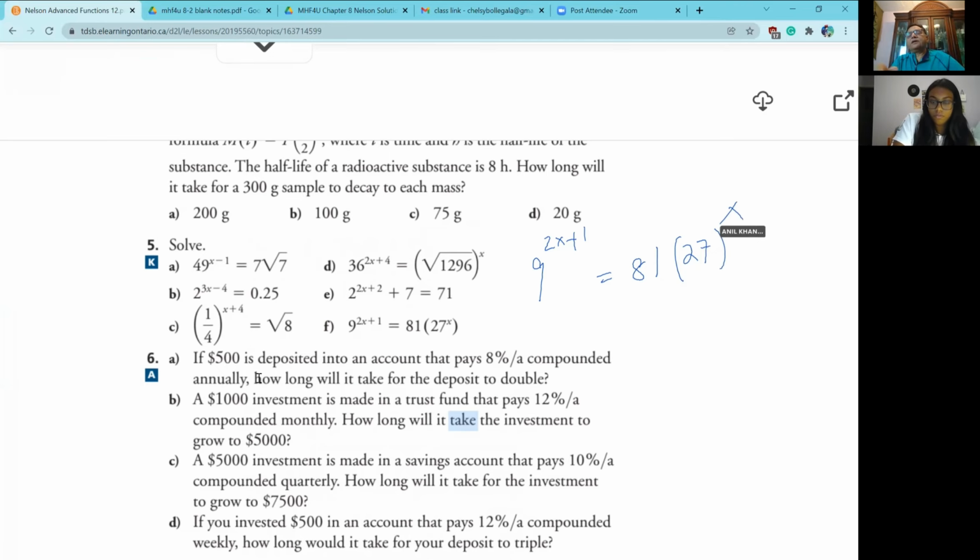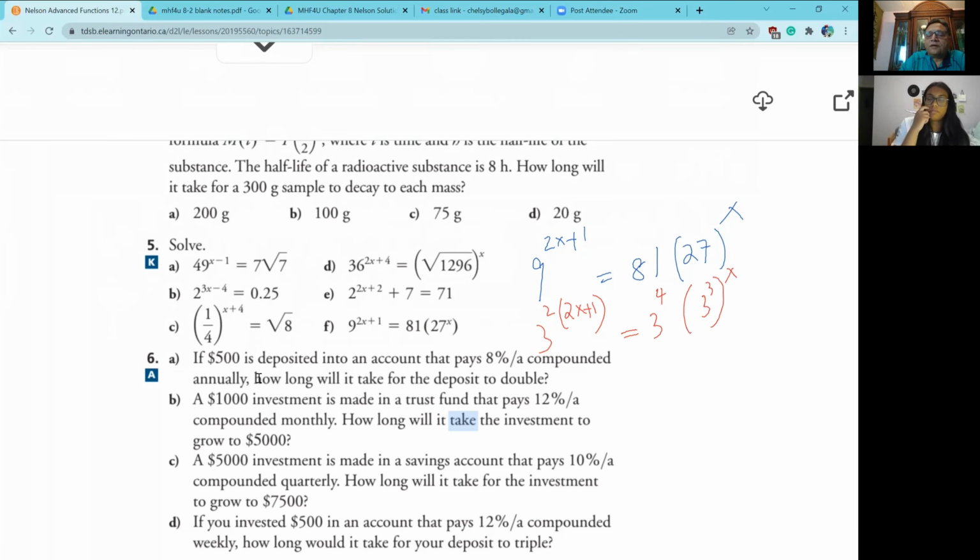So in this case, we can write all these in terms of 3 to the power. So we'll have the same base. I could write 9 as 3 squared, right? So 9 I am writing as 3 squared, to the power of 2x plus 1. So that is the first exponent. 81 is 3 to the power of 4, right? And 27 is 3 to the power of 3, and that is to the power of x, correct?